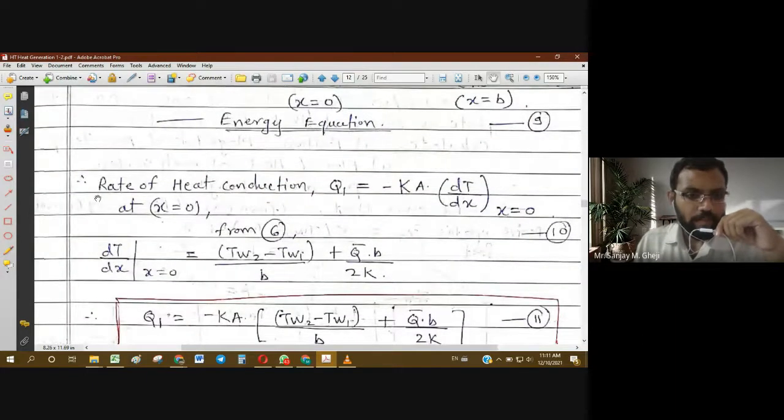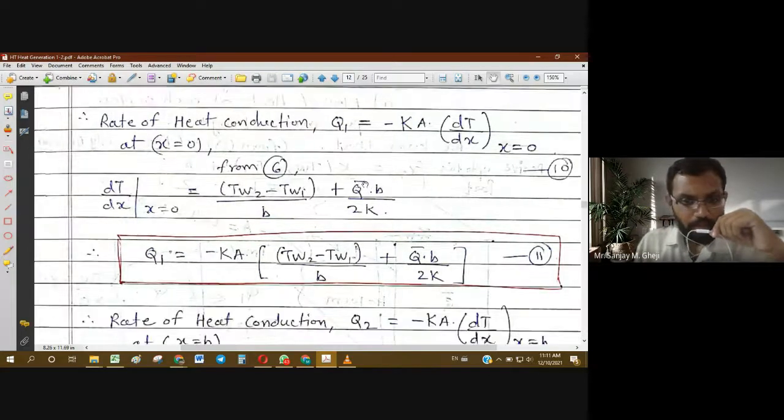So the rate of heat conduction q1 at x equal to 0, that is at the left face, we can give by Fourier's law of heat conduction: minus k A dT/dx at x equal to 0. This is the temperature gradient at x equal to 0, at the left face. We can obtain dT/dx at x equal to 0 from equation number 6. We simply put x equal to 0 in that relation.